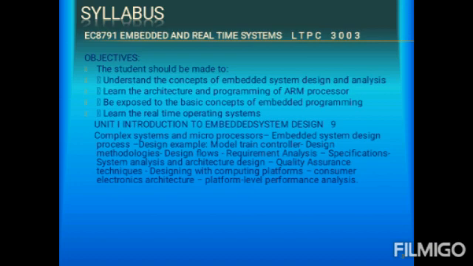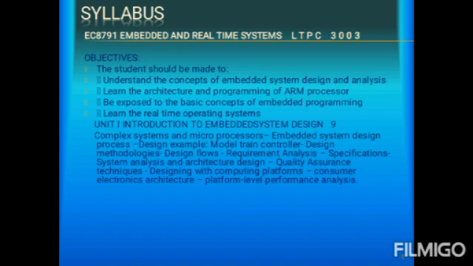In the design process, you start with the abstract and go for requirement analysis, specification, system analysis, and then design the architecture, hardware and software design. Then we go for testing and integration, and finally we deliver the product.